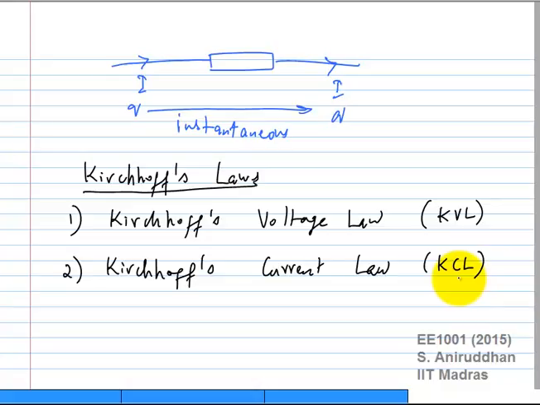Now, to learn it in a formal way, with respect to electrical systems, we need to learn a couple more things which you probably already know. You need to know what an electrical circuit is.